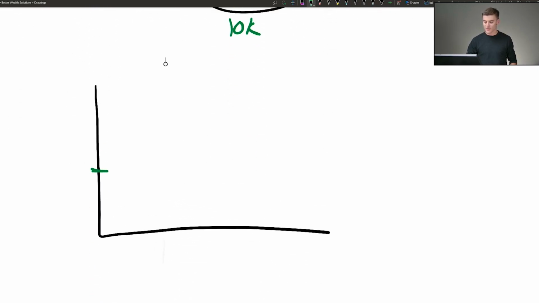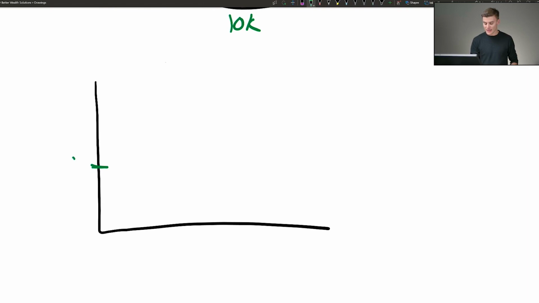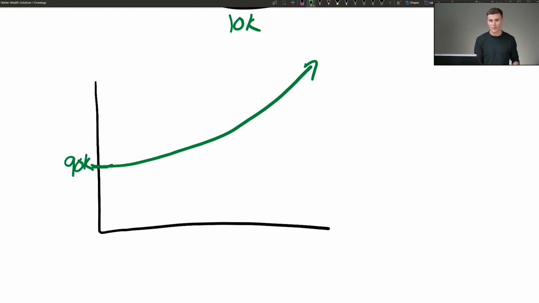So the assumption that we can make is $90K is what we're currently used to living. And to maintain that, it's not just going to be linear, because inflation means this line needs to increase, because in 20 years, we need a whole lot more money to spend just to keep up with the current lifestyle that we're used to living.